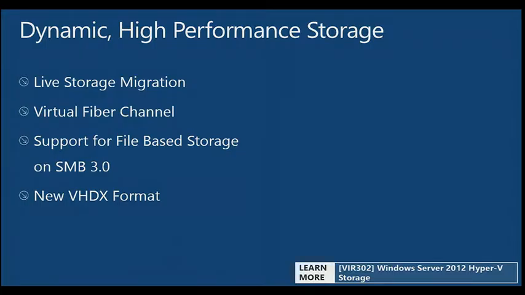One of the other things was, hey, give us different options around storage. We don't necessarily want to use fiber channel. And so we've also added support for running Hyper-V VMs on Windows Server file shares. So we've done a lot of work on both the file server itself and also on the protocol, SMB3, and we've made sure that we can run Hyper-V workloads on Windows Server file shares in a highly available way.